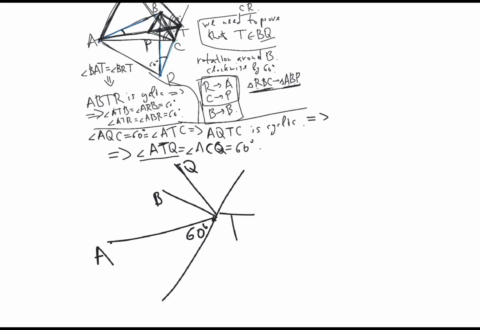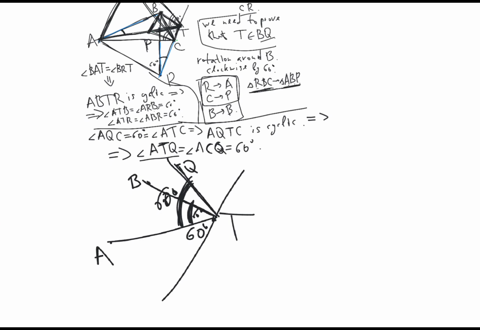We established that this angle is equal to 60 degrees, and this is equal to 60 degrees. So this angle is equal to this angle. This means that TB and TQ is the same line immediately.